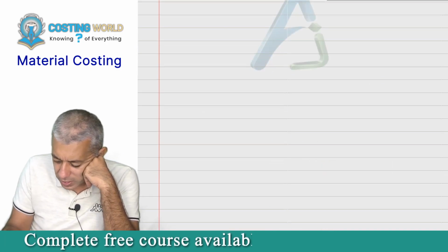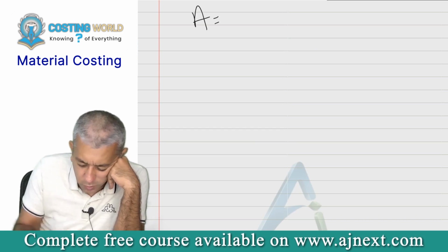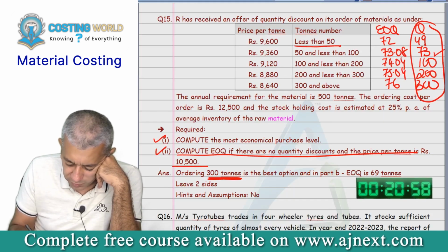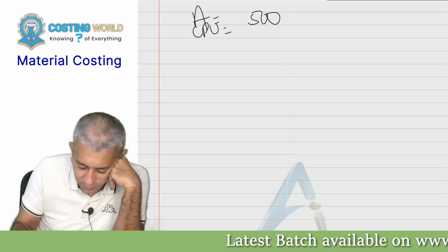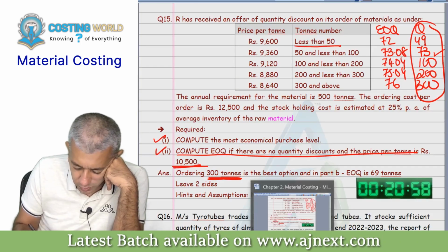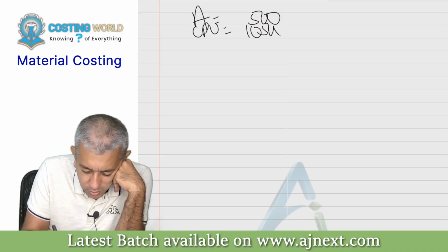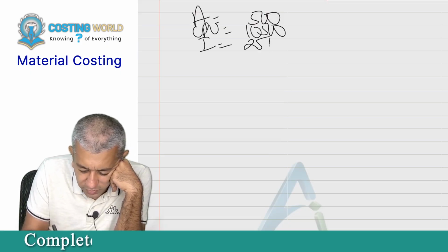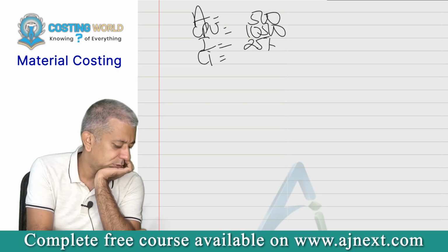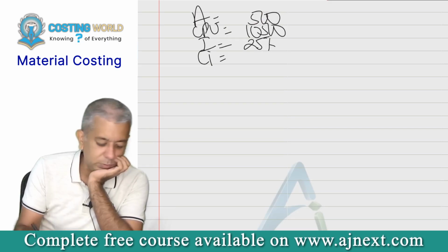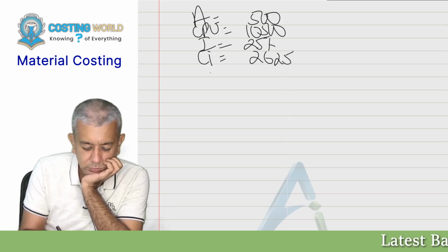Okay, it'll take half a minute for me here. So write down A is equal to 500 tons. Then CPU, they have given it to you now, 10,500. I is equal to 25%. CI is equal to 10,500 into 25%, which is 2625.